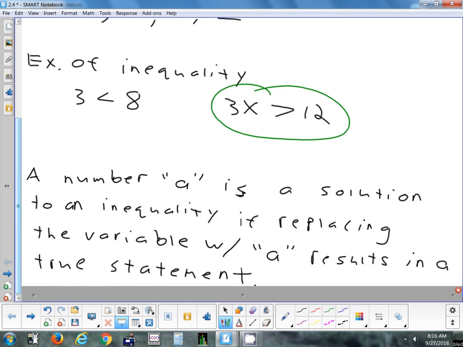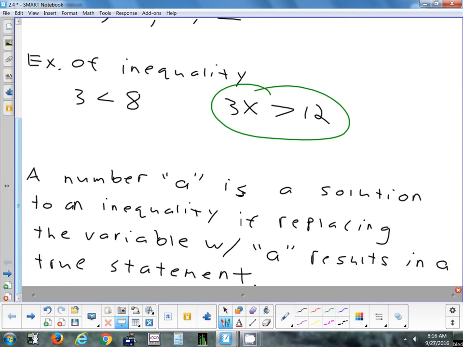Okay, so this particular inequality, all the answers form what's called an interval. It's a range of numbers between -1 and 3. And this is called an open interval. Okay, so we've talked about open versus closed.